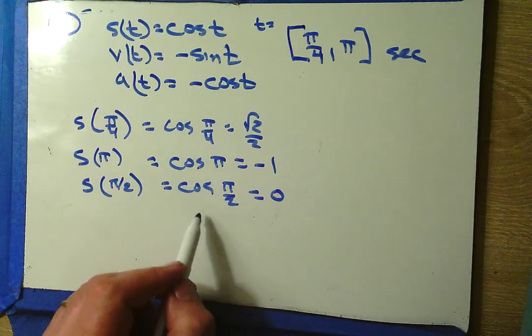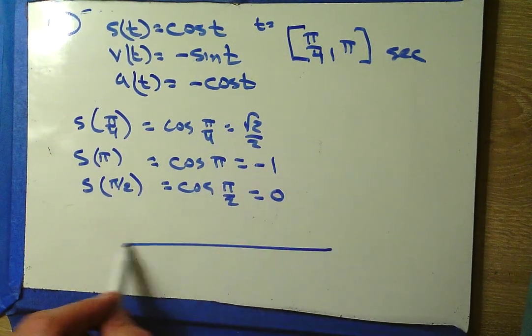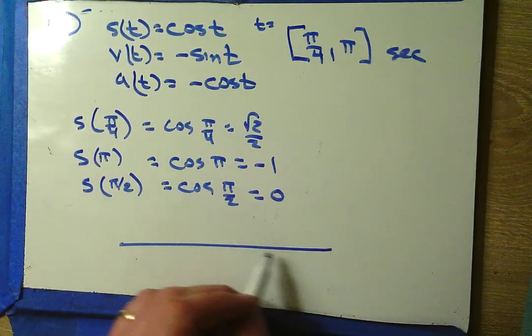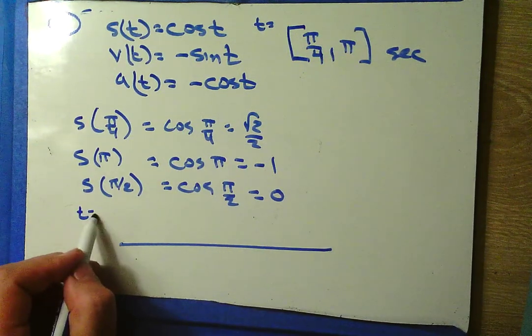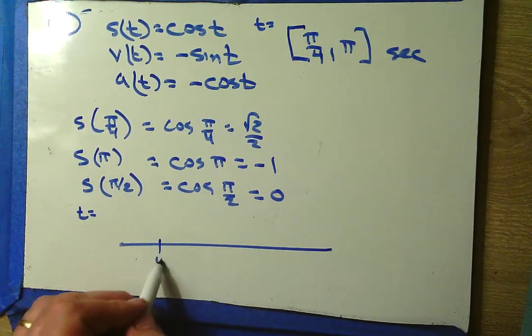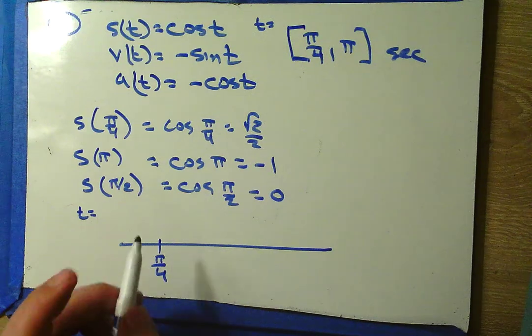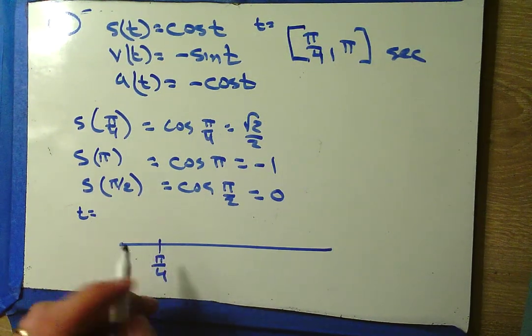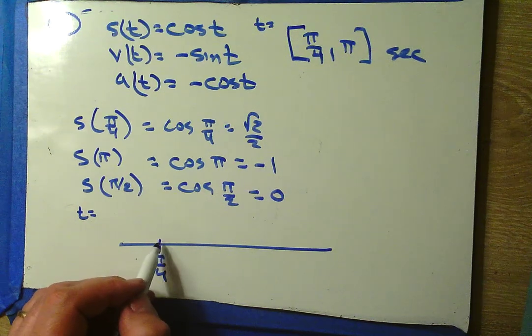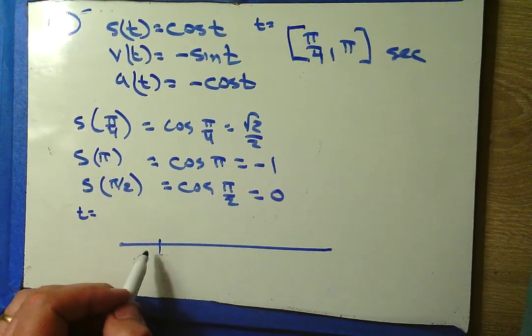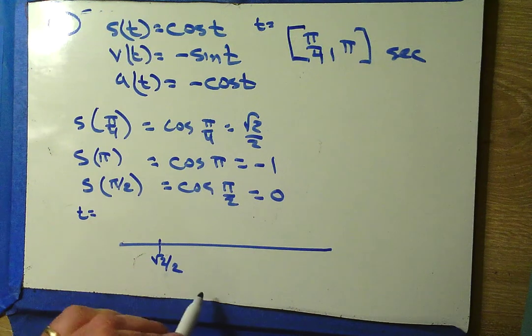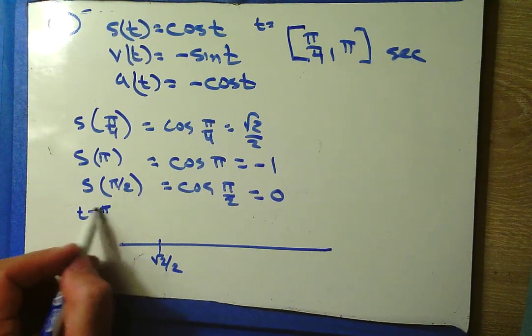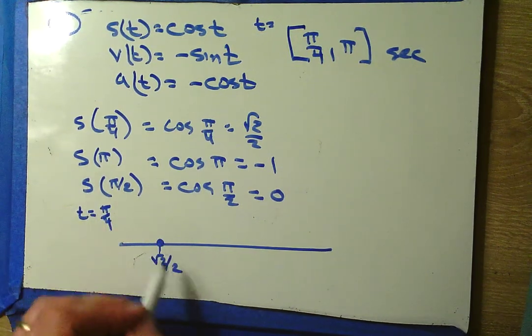So if I think about this at time equal to pi over 4, my position along the x-axis is root 2 over 2. I'm here.